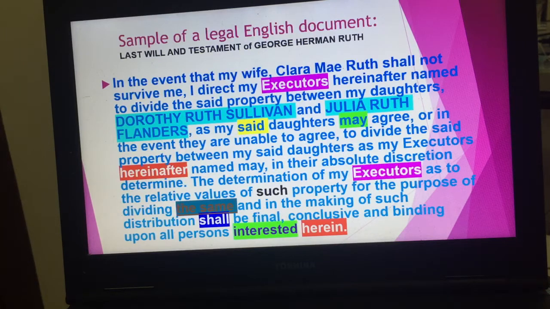I will name them. To divide the said property. The word property here means the land or whatever he owns, everything that is mentioned earlier. The said means what's been mentioned earlier.